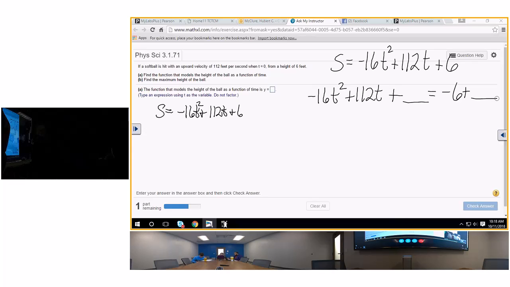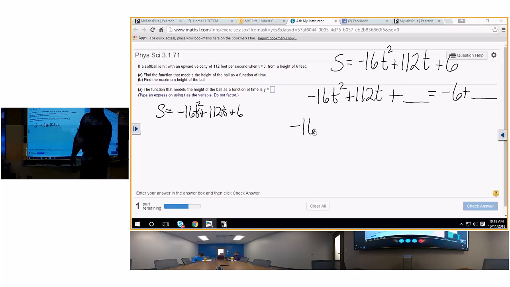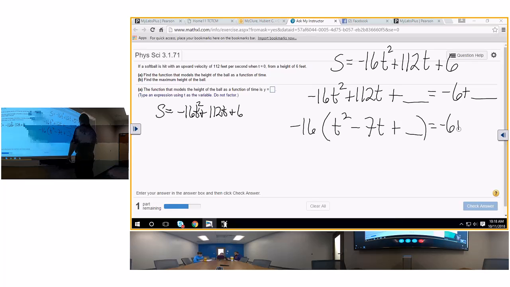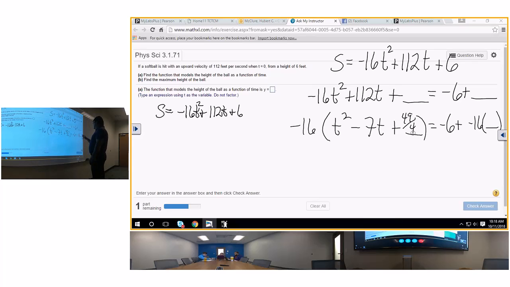So negative 16 times t squared minus 7t plus blank is equal to negative 6 plus negative 16 times blank. Half of 7 is 7 halves. 7 halves squared is 49 fourths. Somebody check me on that. Yeah. 49 fourths.